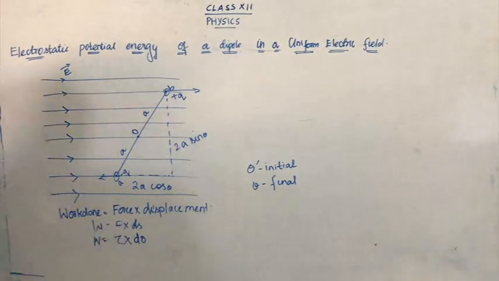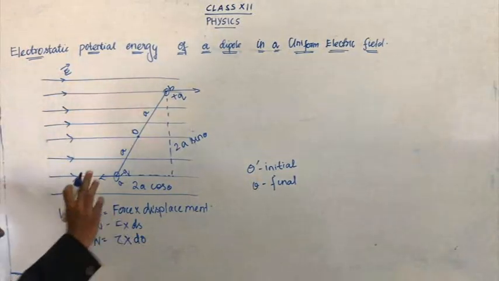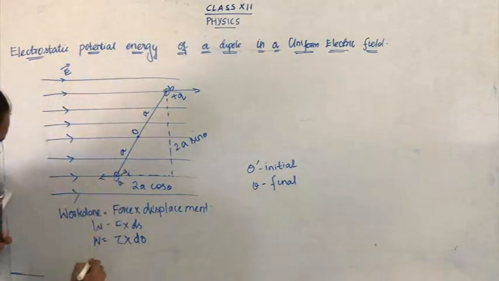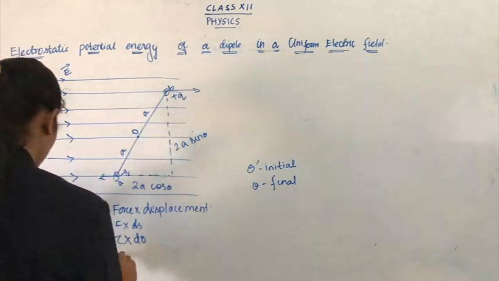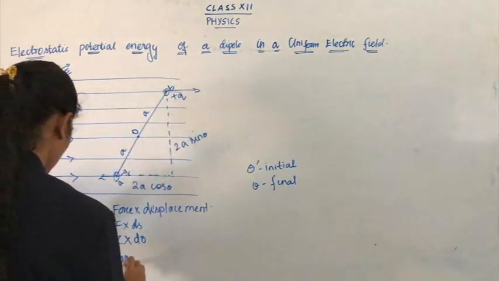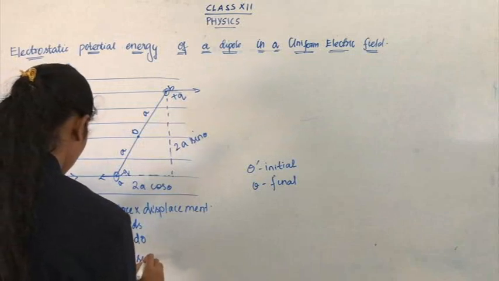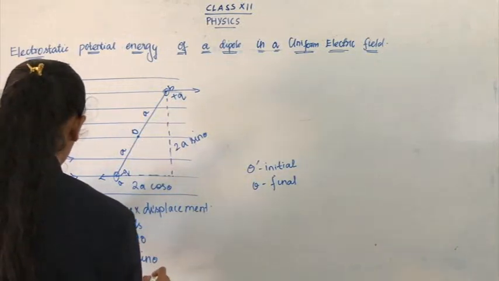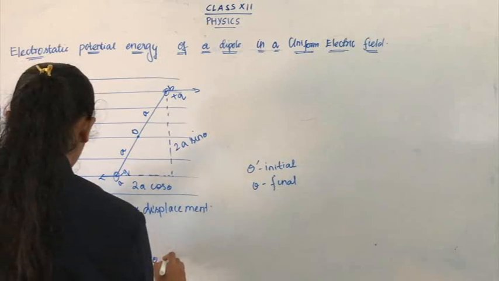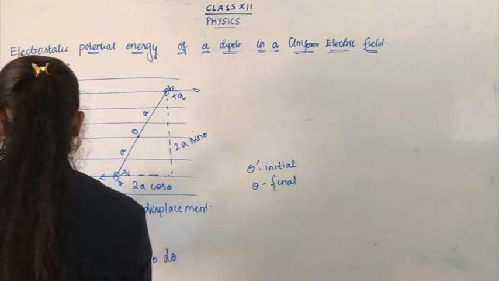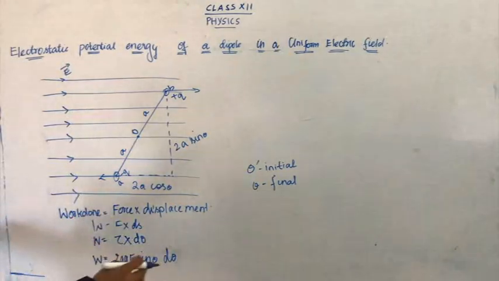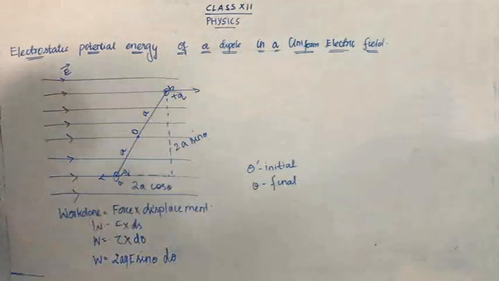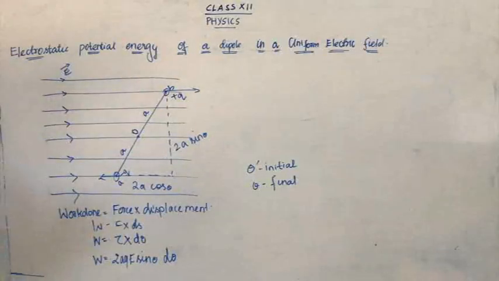Okay children, now we are going to apply the formula for torque. In the previous derivation, we have derived the formula for torque. Now you apply it here. W equals, what is the formula for torque? 2aQE sin theta and the d theta. D means it is a variable quantity; for a certain time interval it goes on changing.